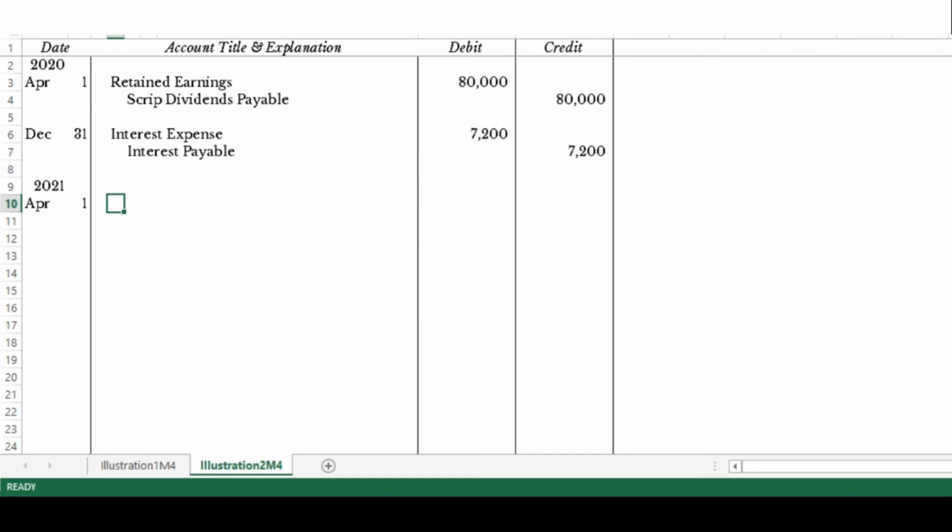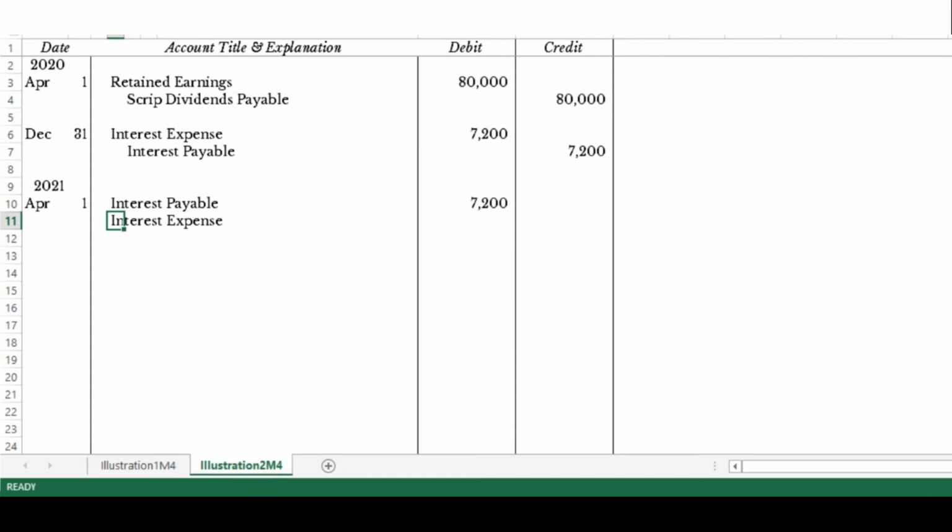So, of course, we will debit interest payable, yung kinredit natin kanina. So, this is assuming na walang naging reversing entries. We will debit interest payable at 7,200. Then, we will record another interest expense from December 31, 2020 to April 1, 2021.